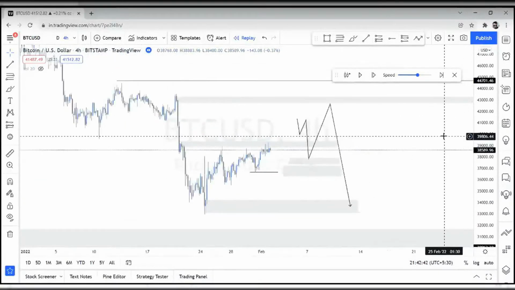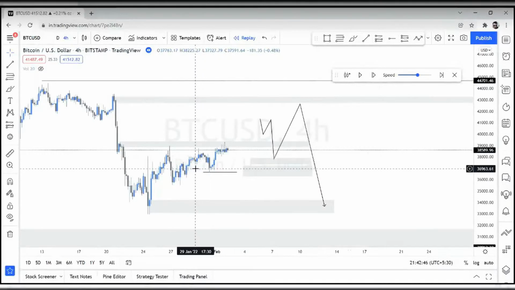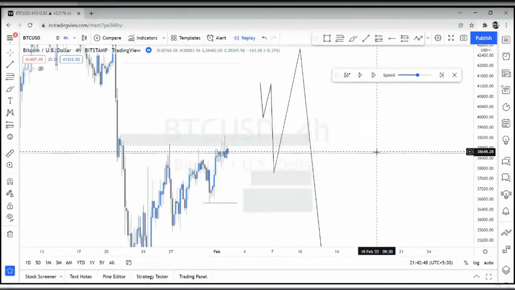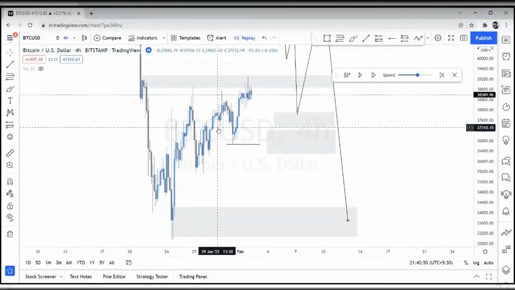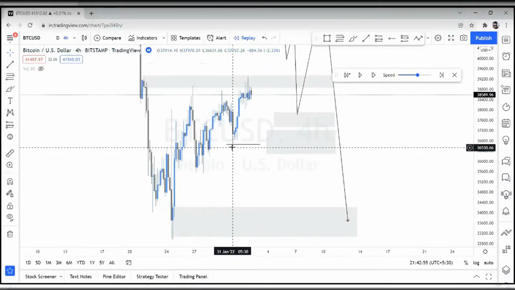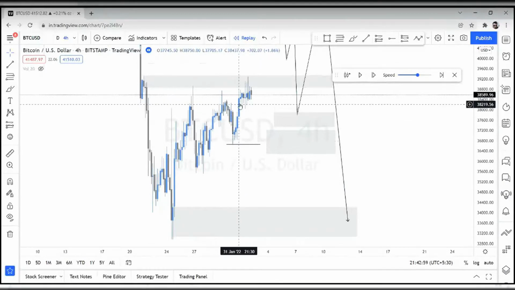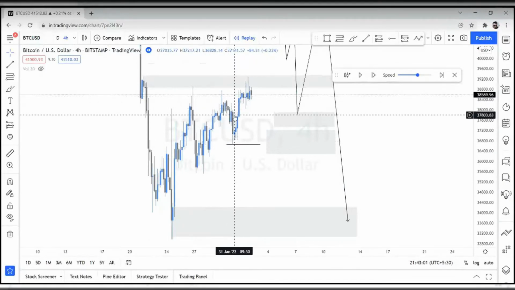What I said was, once we have a break of structure right here, we can have a sell bias when price hits here and comes up, maybe from this supply zone or somewhere here.